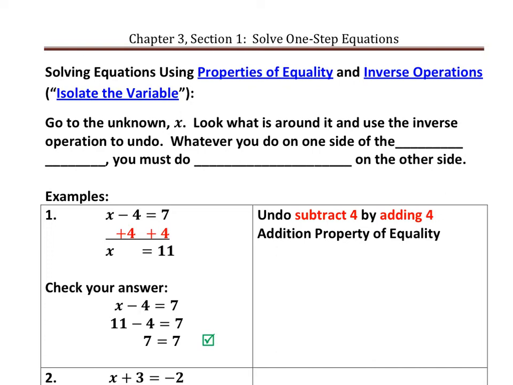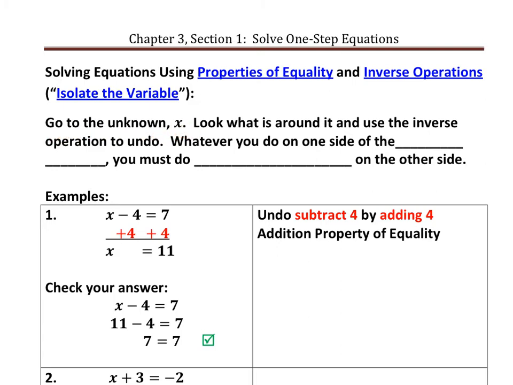Alright, let's get going with solving some equations. Alright, we're going to use the properties of equality and inverse operations to solve for the variable. You're going to hear me say isolate the variable or isolate the unknown. Those are two phrases I'm going to use a lot. So that just means get the variable all by itself. Okay, so what are we doing? Go directly to the variable that we're trying to solve for.